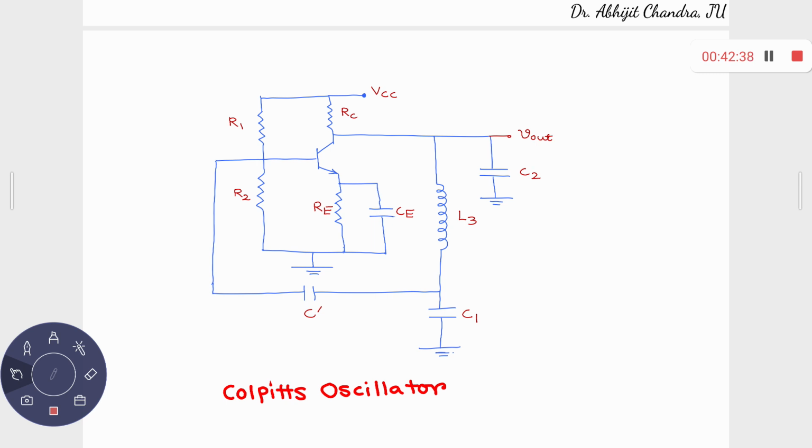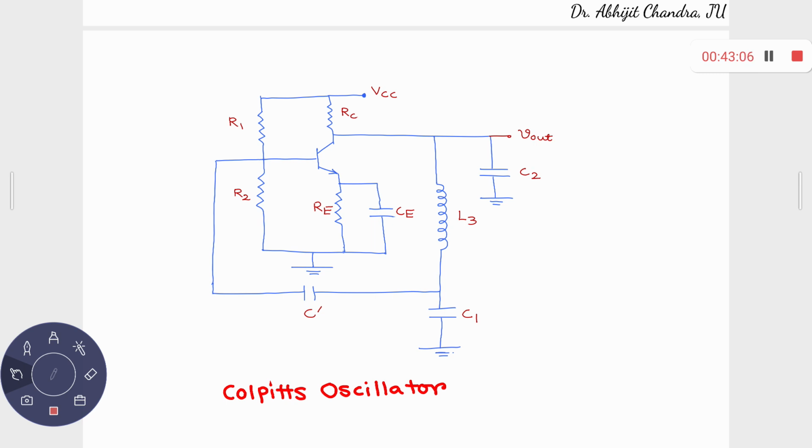Then for specific applications, if x1 and x2 are inductors, L1 and L2, and x3 is a capacitor C3, it's a Hartley oscillator. For Colpitts, x1 and x2, that means C1 and C2, are capacitors, and L3 is an inductor.